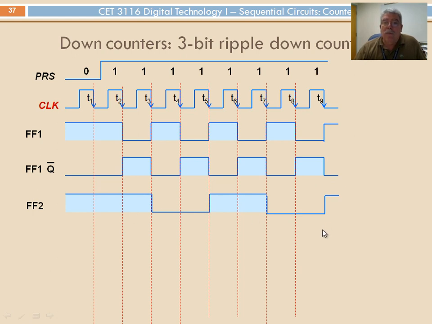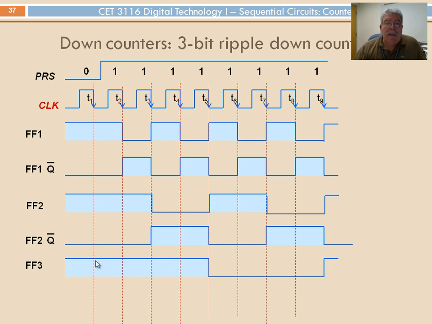The complement will be the clock for FF3. This is FF3, initially 1 because of the preset. However, the first change occurs when the clock goes from 1 to 0.